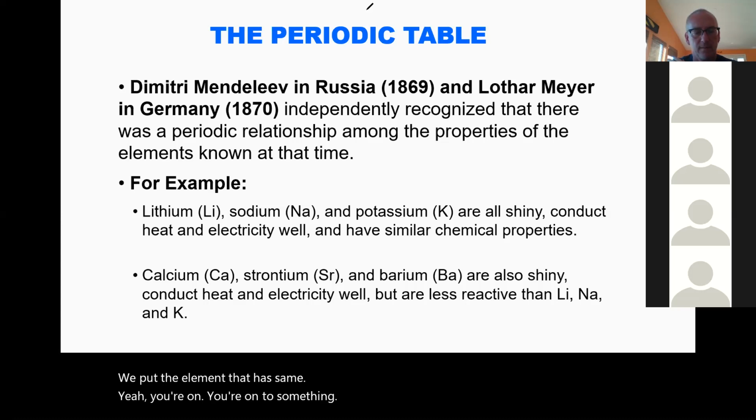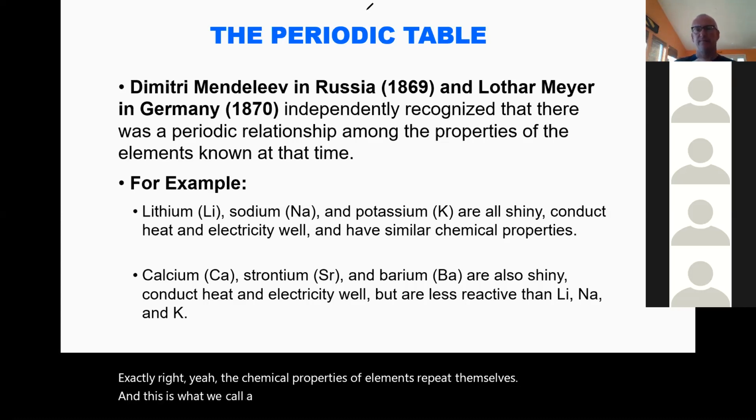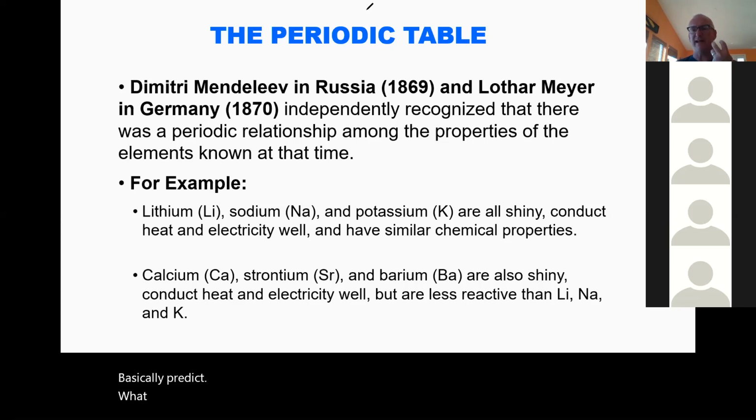Because chemical properties repeat. Yeah, exactly right. The chemical properties of elements repeat themselves. There's what we call a periodicity to it. You can basically predict the chemical properties of an element based on where it is in the table.